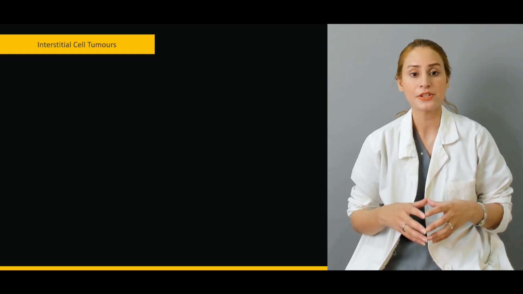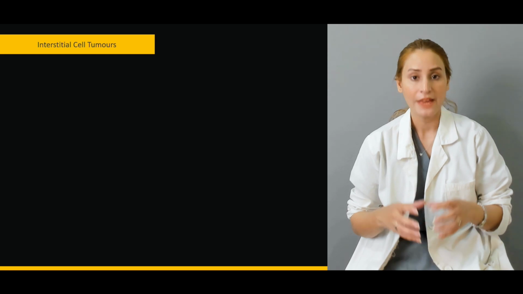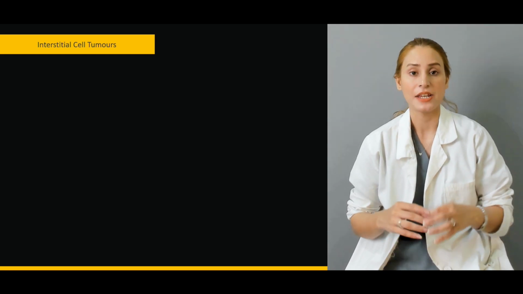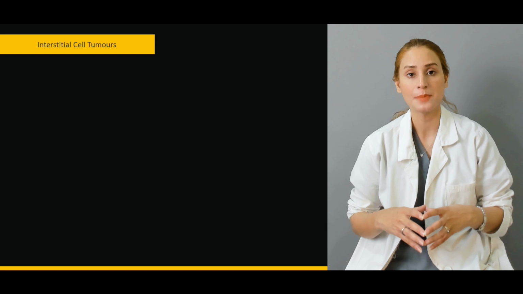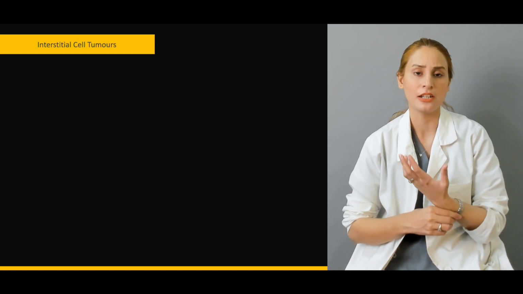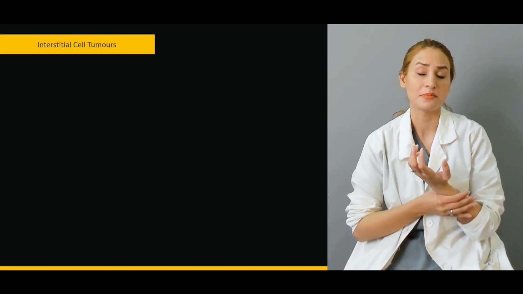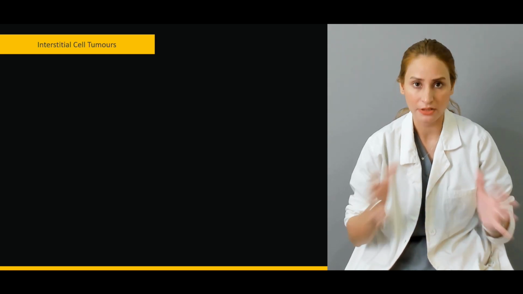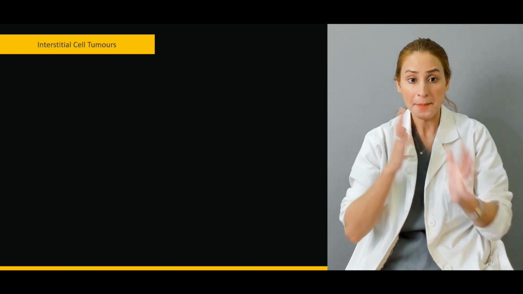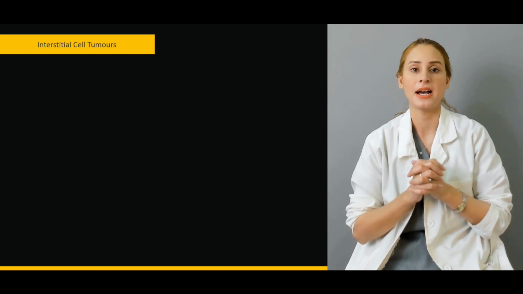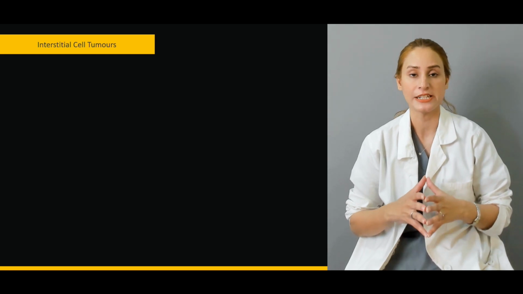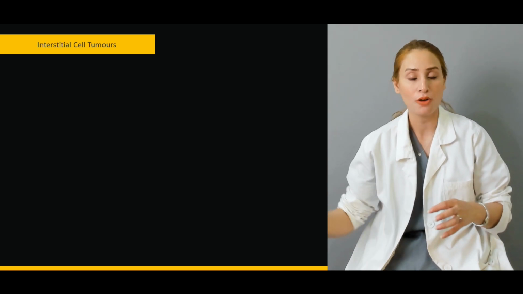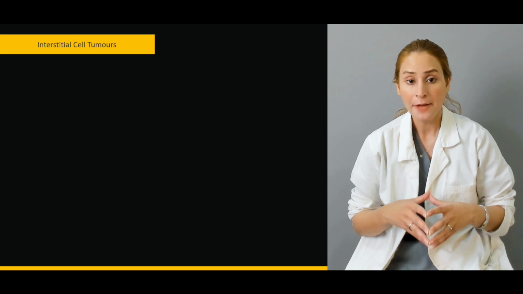So these tumors are also very rare. They're smaller in size, very well circumscribed, and their local invasion or metastatic invasion is very unlikely. So most of the time they're clear, well circumscribed tumors. The thing which is important about the interstitial tumors is the pre-pubertal and post-pubertal interstitial features.